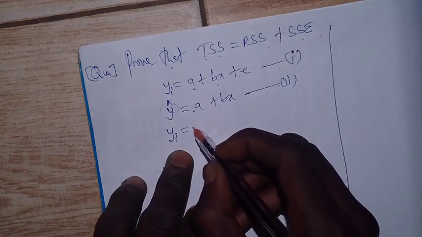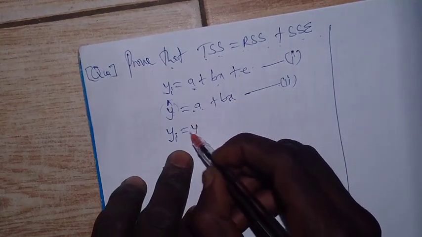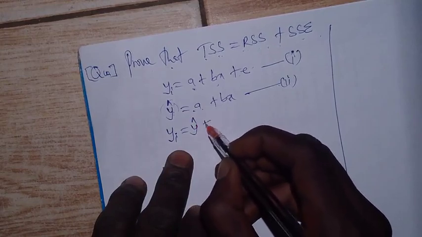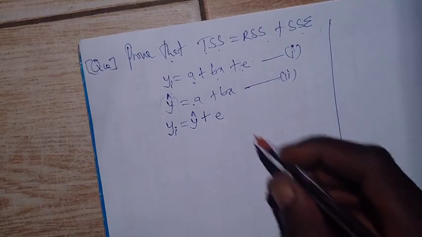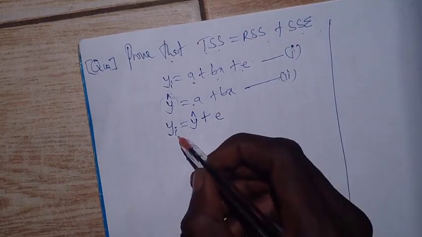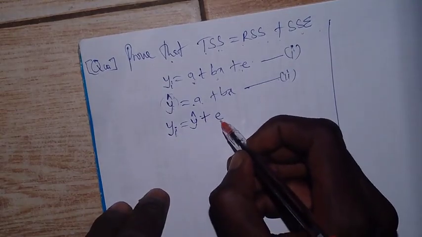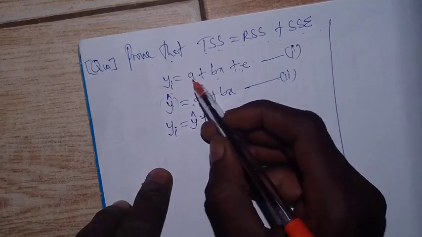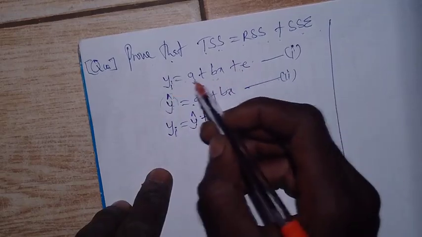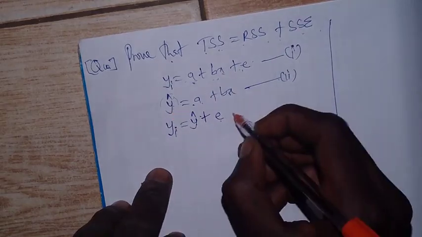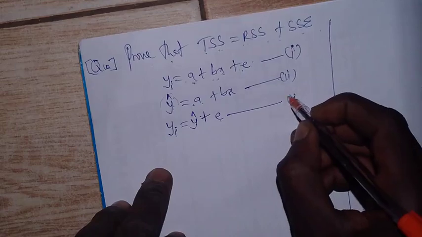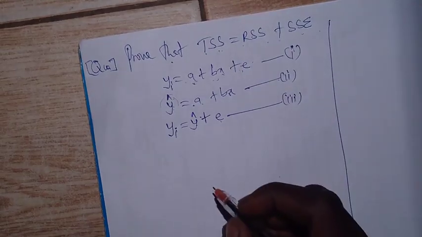So y cap plus what? E. Hope you've understood. yi is equal to y cap plus e, and the same thing as yi is equal to a plus bx plus e, because a plus bx is y cap. Now this is equation 3.